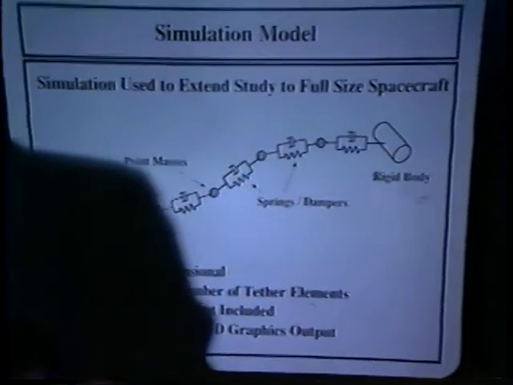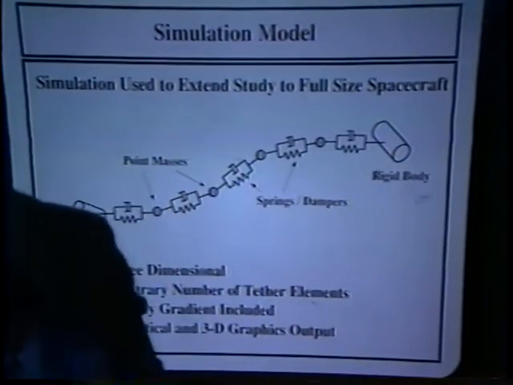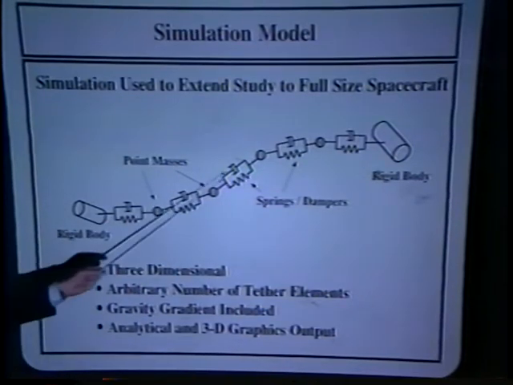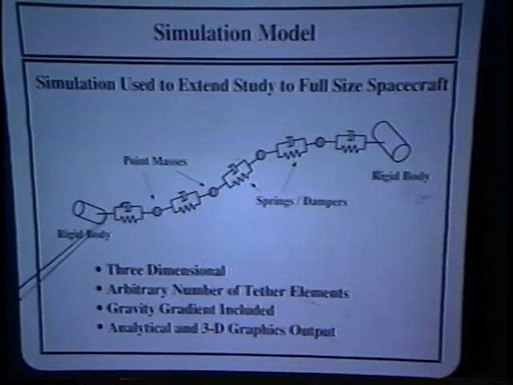The simulation model used for the physical spacecraft, as I mentioned before, consists of two rigid end bodies connected with a tether modeled as a series of point masses that are connected by springs and dampers. The number of point masses that I use is arbitrary in the simulation, but after comparing the effects of changing the number of point masses, I settled on using 7.